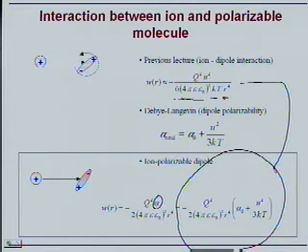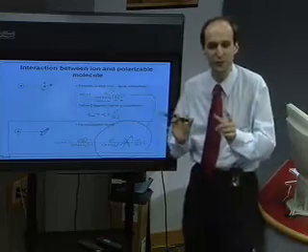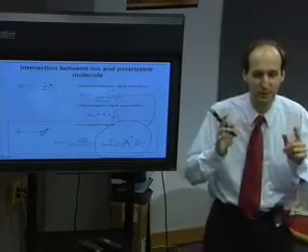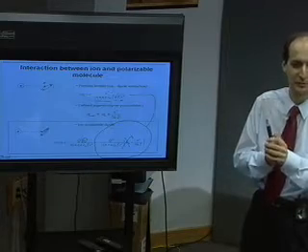What do you do? If in the bottom one alpha naught becomes 0, we get the top one. Exactly. If the electronic polarizability is 0, we obtain this formula. So if you have a molecule which is dipolar but not polarizable, we're not likely to have such a molecule in reality.